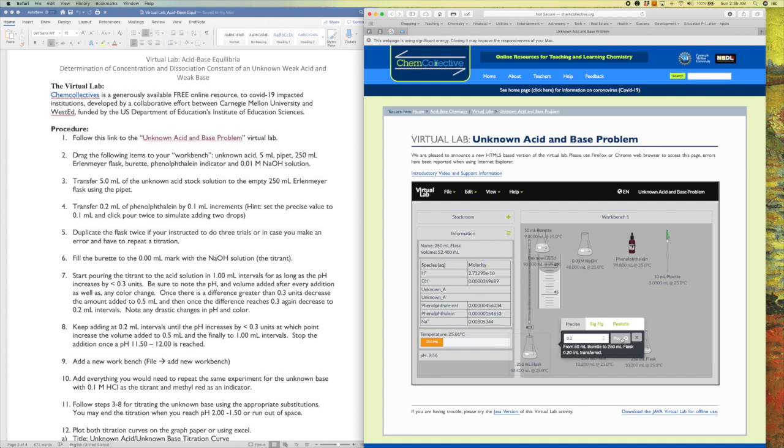So again, I'm going to use 0.2 increments until the pH increases by very small amounts. When it does that, then I'll start increasing the increments of volume I'm adding.